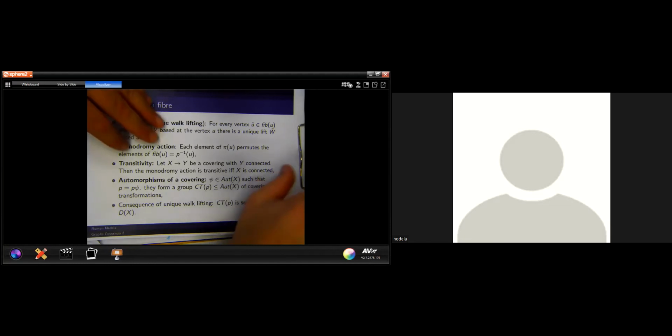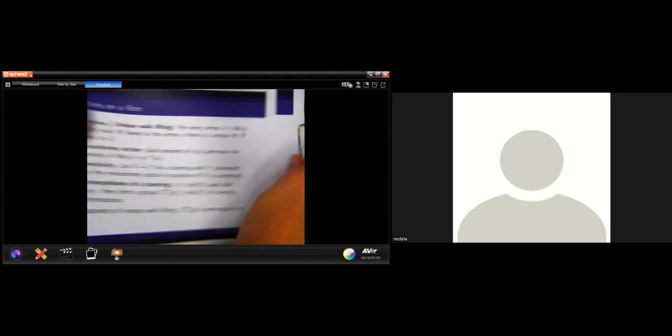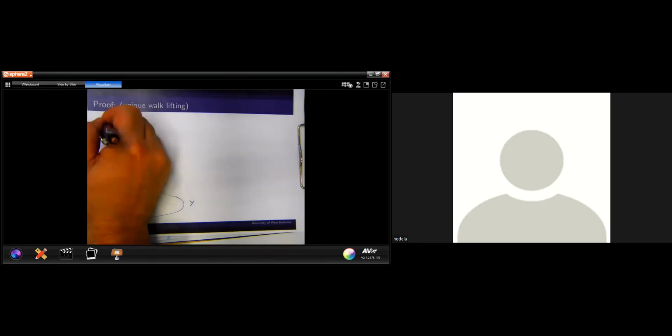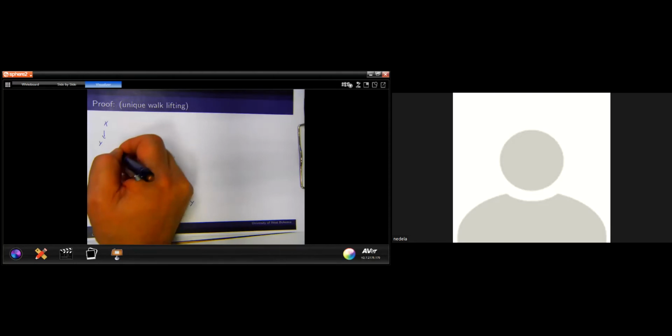Okay, so let me use the advantage that I can write. So how does the proof go? Here is a graph, say Y. Here is a graph X covering Y. And here over a vertex u, we have some fiber.